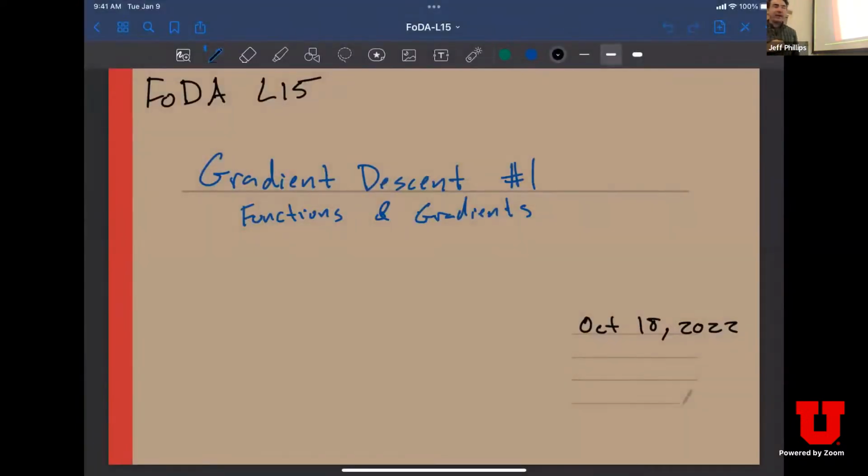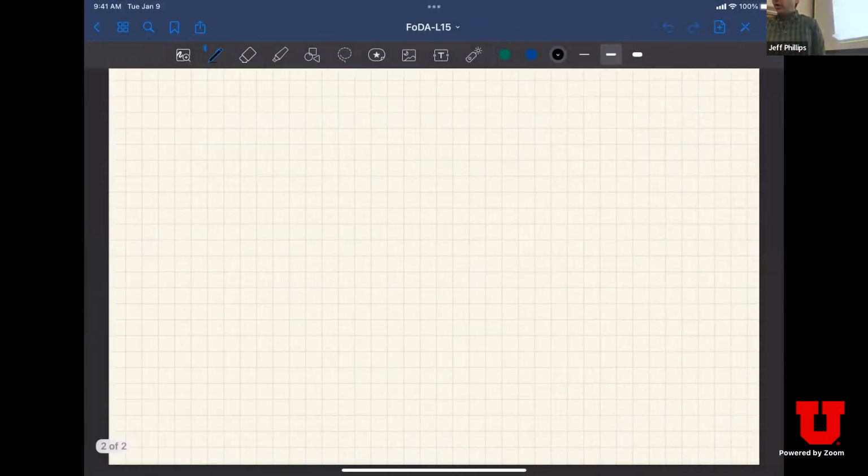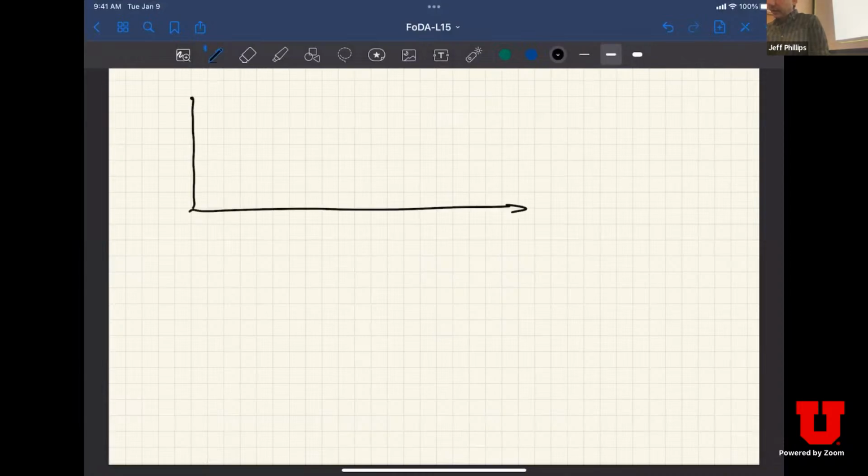So gradient descent, functions, and gradients. The goal of this lecture is really to understand the properties of functions that we need in general. All right. So the idea is that we're going to have a domain X, and this in general is going to be R^d.